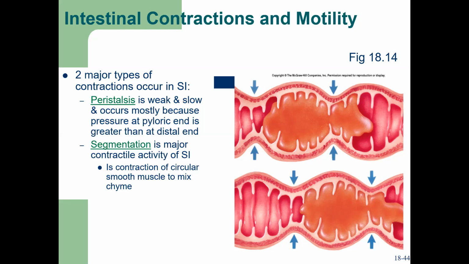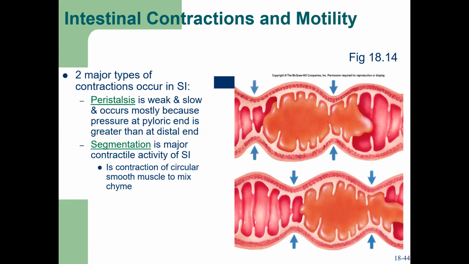There are two main types of muscle contractions in the smooth muscle of the GI tract. They're so-called tonic contractions. These are continuous. And then you have phasic contractions.